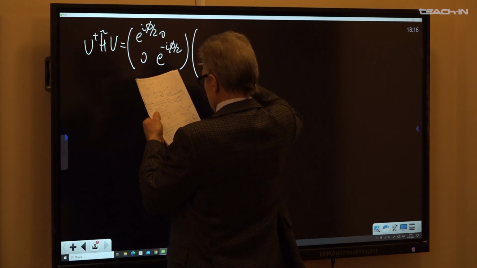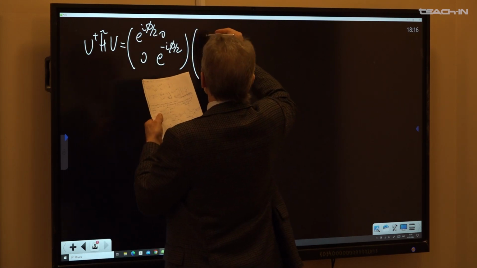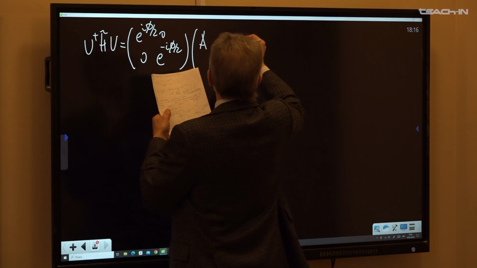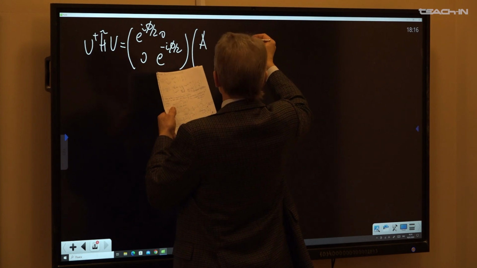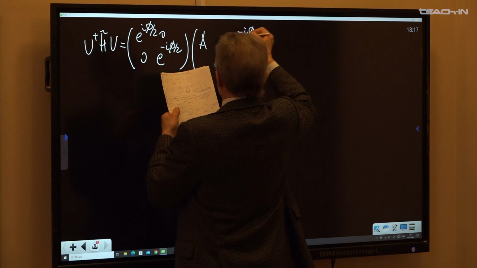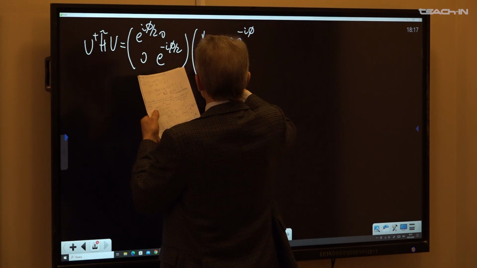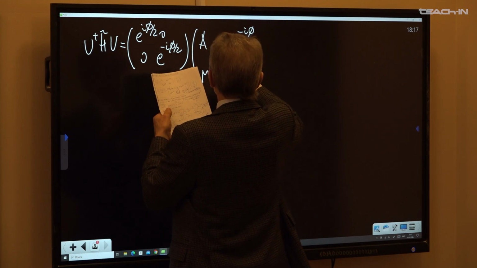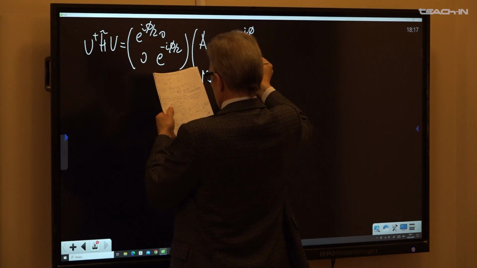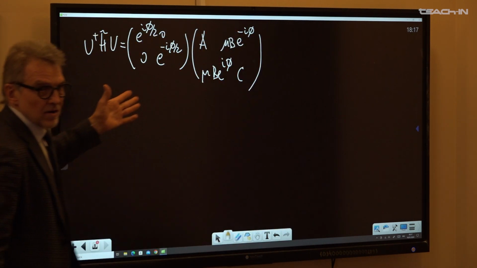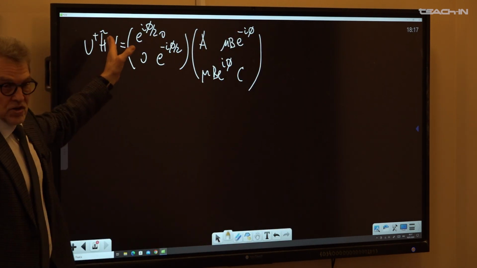Then I just introduce A, mu, magnetic field, exponent minus i phi, mu magnetic field, exponent plus i phi, and C. I just reproduce the structure of this H wave.